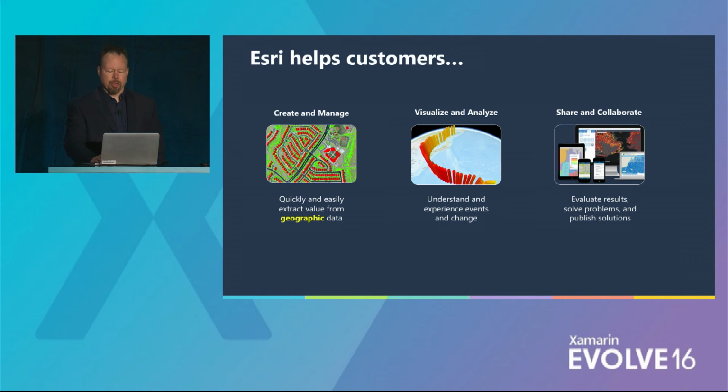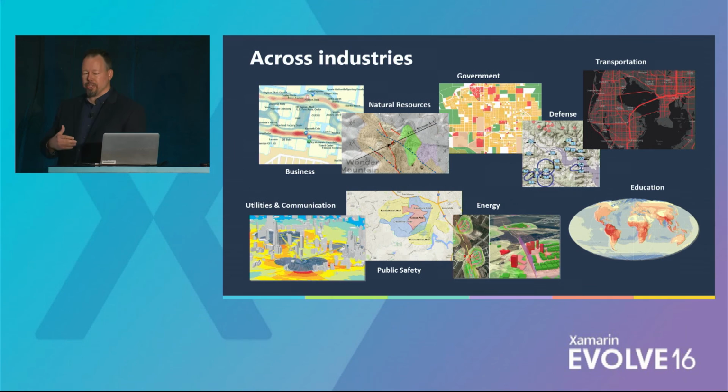Now, where do these customers exist? They exist across many different industries, right? So think about this. Think about your business, the company you work for, the clients you might work with, and what type of spatial or geographic needs do you or they have?